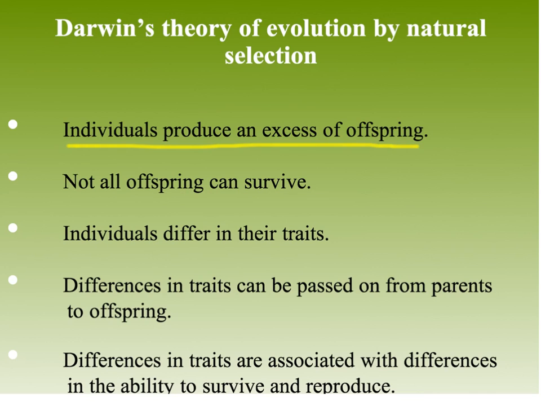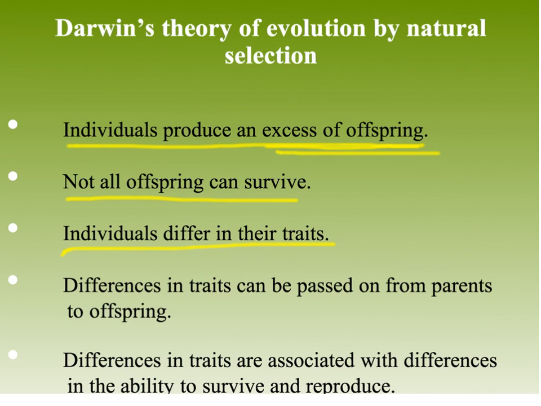He noticed that certain marine organisms produce an excess of offspring, and that's important because nature is going to take a fair percentage of them, so you need to produce many, many offspring because not all will survive.